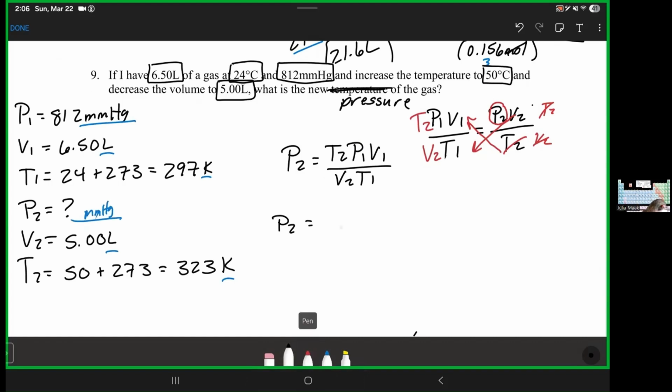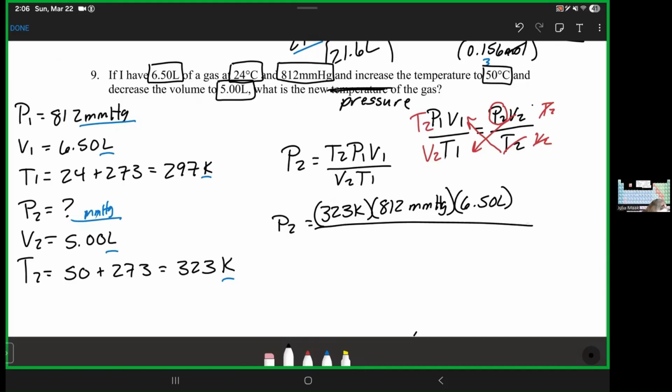Okay, so my T2 is 323 K. My P1 is 812 millimeters of mercury. My V1 is the 6.50 liters. My V2 is 5.00 liters.